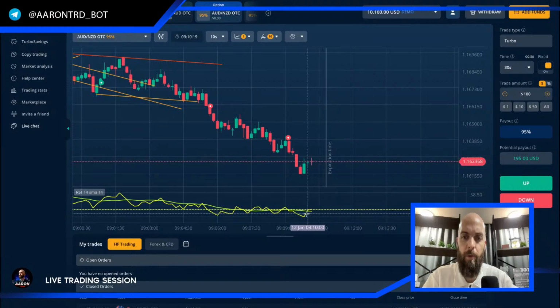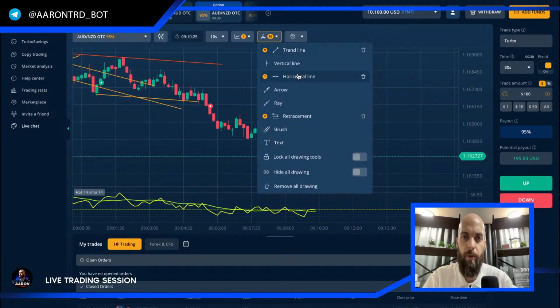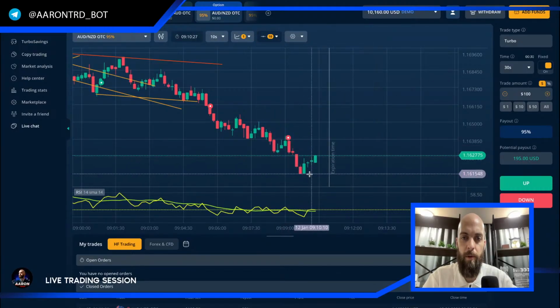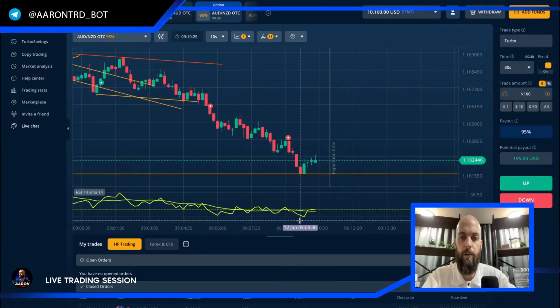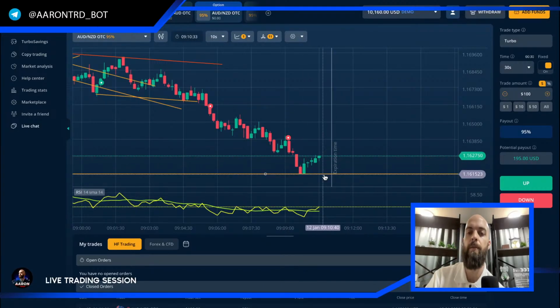We've dipped below 30. Price is extending. We want another extension here, and we'd be looking for some divergence going on. Let's let price extend.